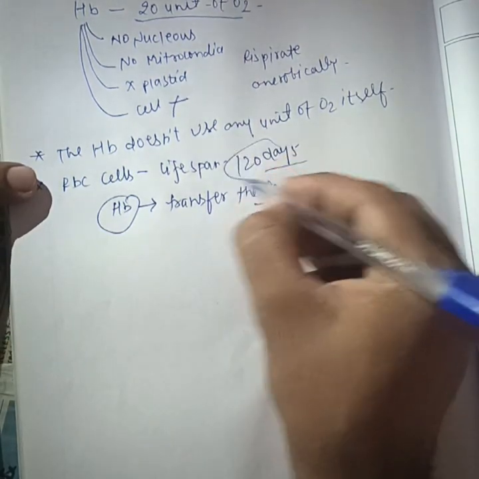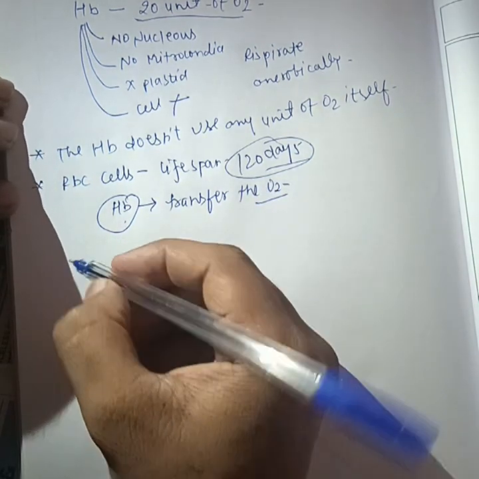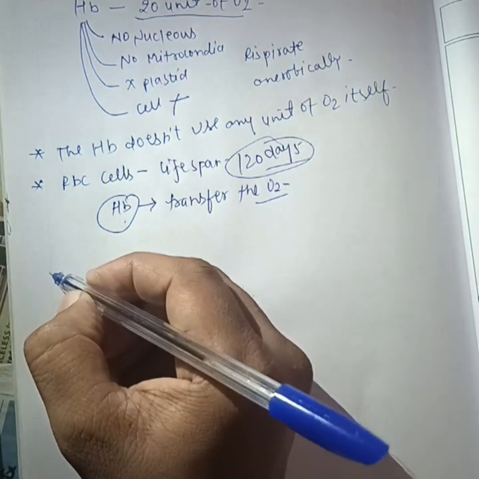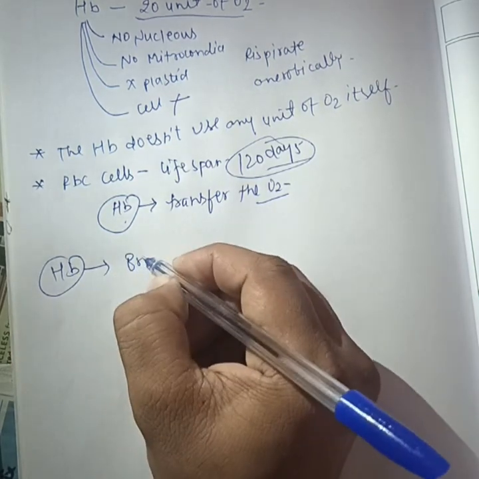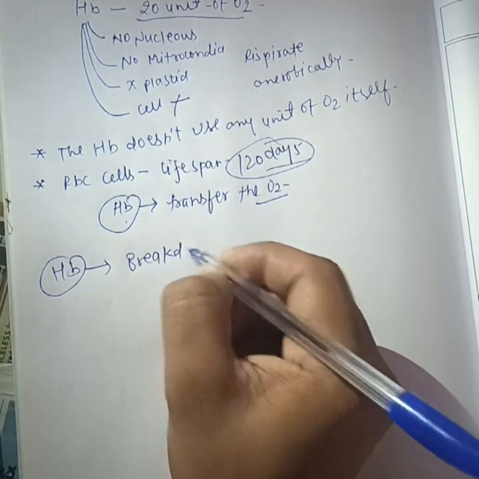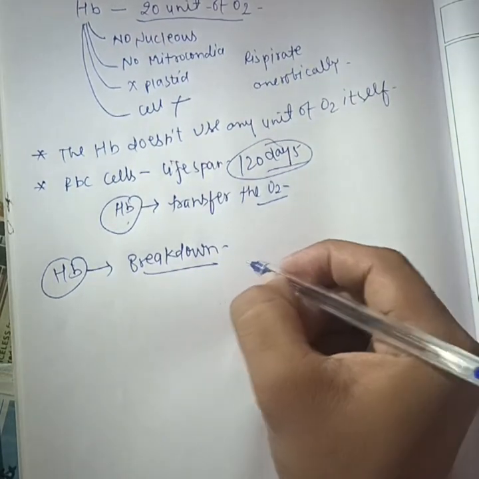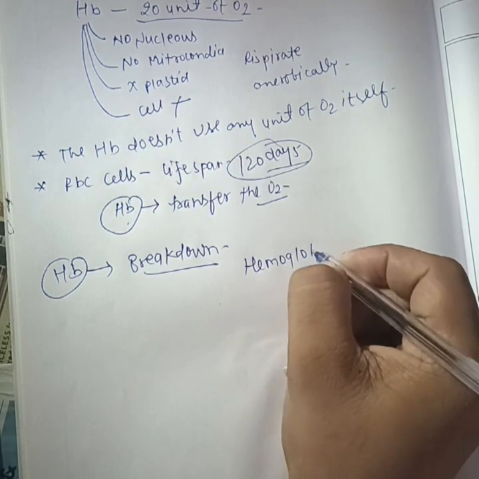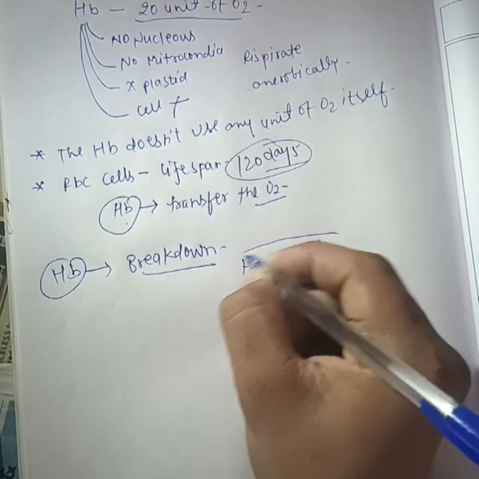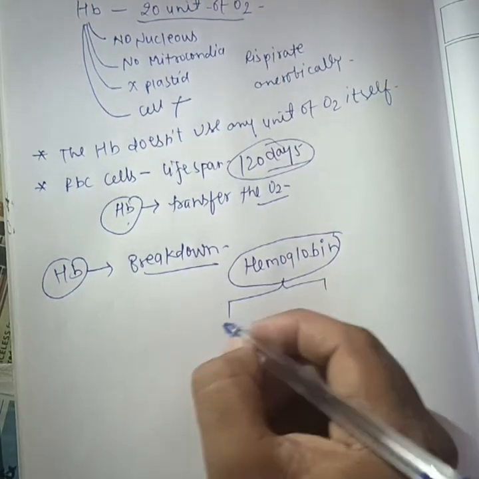after 120 days the hemoglobin is decomposed or broken down. हीमोग्लोबिन का ब्रेक डाउन हुआ, then the hemoglobin will decompose into two parts.